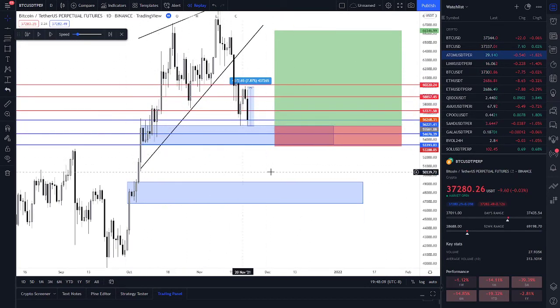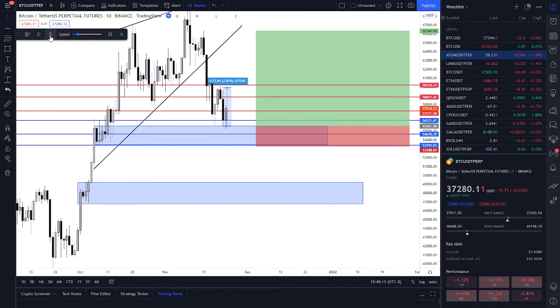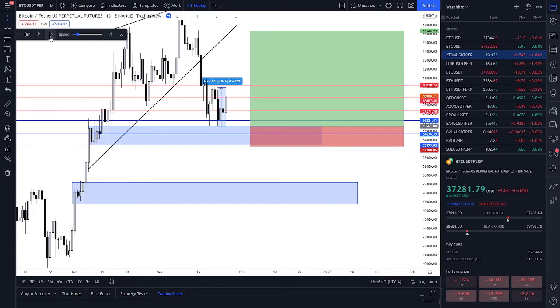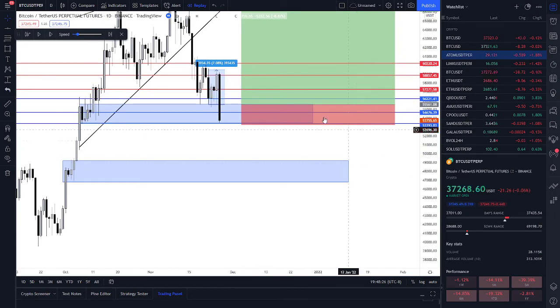This is still valid. 50% of it has not been fulfilled. We came back down, touched it again. And then we pumped 7%. 7% is a lot for Bitcoin, right? Then we came back, third time, we filled entry.